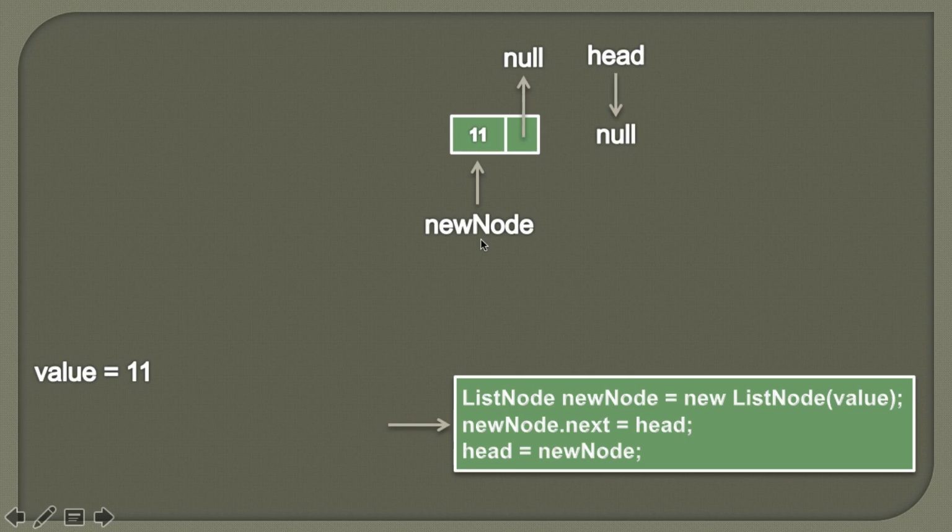So in the first step, currently new node next points to null. We assign the value of head to new node's next. So it would look something like this. As head is pointing to null, new node next is also pointing to null. And friends, here you can see as head is the first node, we are inserting it just before that. So in order to insert this node just before the head, we have to point new node next to head.